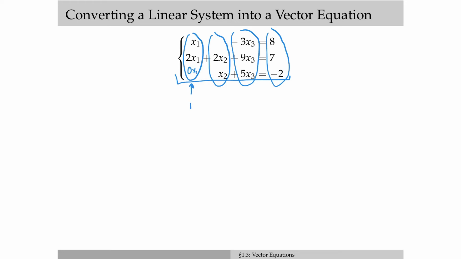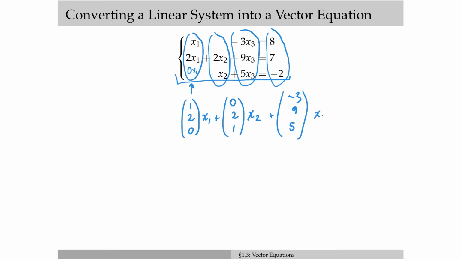I have a 1, a 2, and a 0, and then that's times some quantity x1. The next one I have 0, 2, 1, x2, and then finally I have negative 3, 9, 5, x3 equals 8, 7, negative 2.